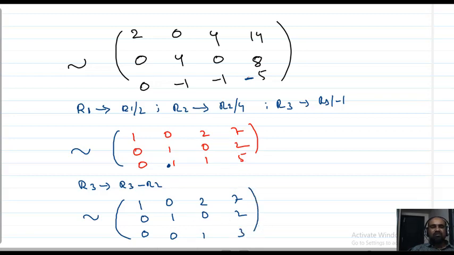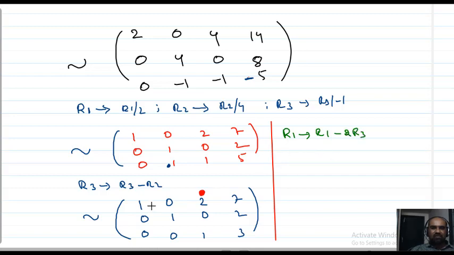Okay, now students, directly you can make this easier, that is not a big problem, by using R3. So I will write here only. So this is interesting. R1 changed as R1 minus 2 R3.